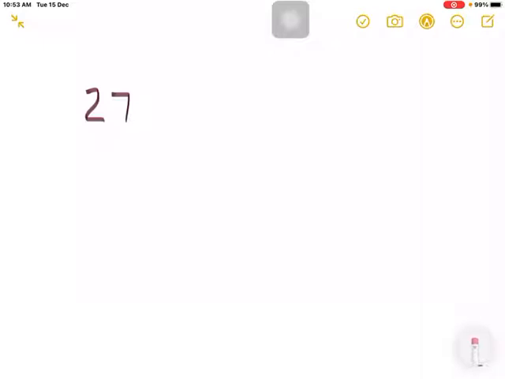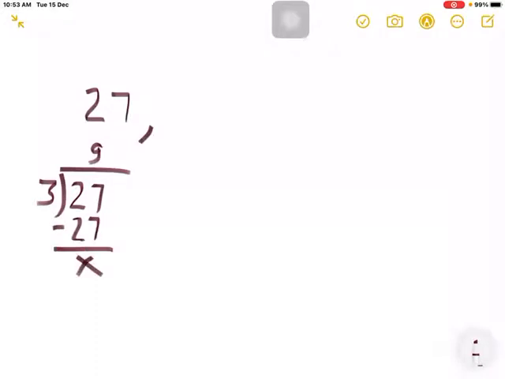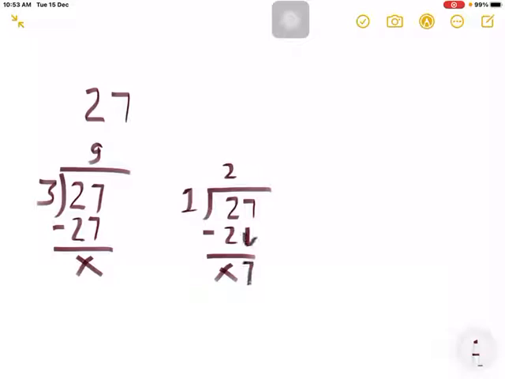So let's check by 3. 3 9s are 27. And you know very well that 27 is divisible by 1. 1 2s are 2, bring down 7, 1 7s are 7. So 27 is divisible by 1.